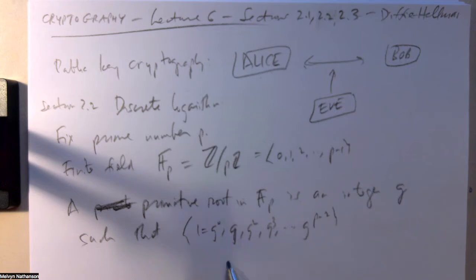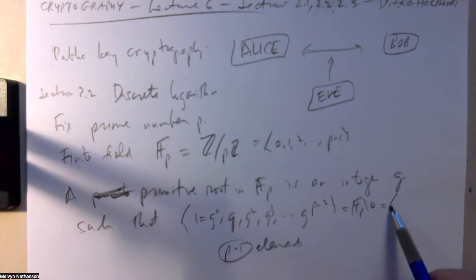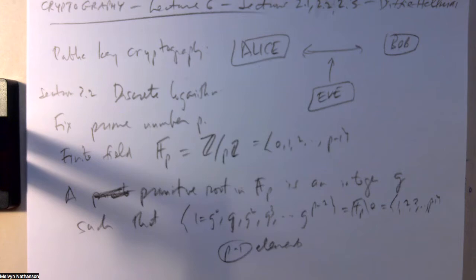So we have P minus 1 elements in this set. This is, in fact, everything in the field Fp except 0. So this set is exactly the set of elements 1, 2, 3, up to P minus 1 mod P.